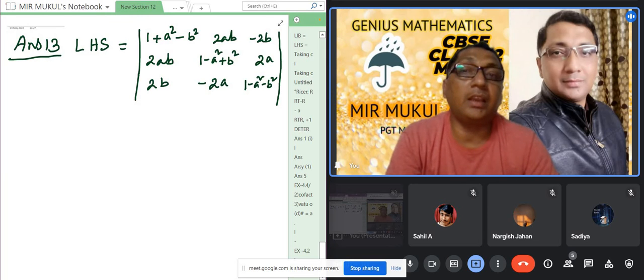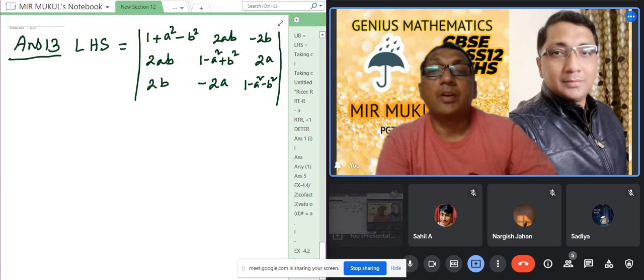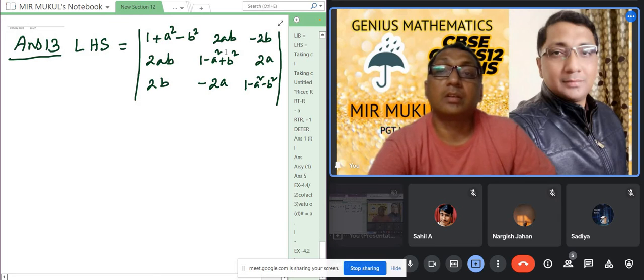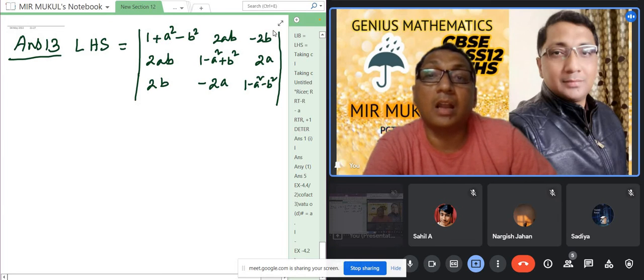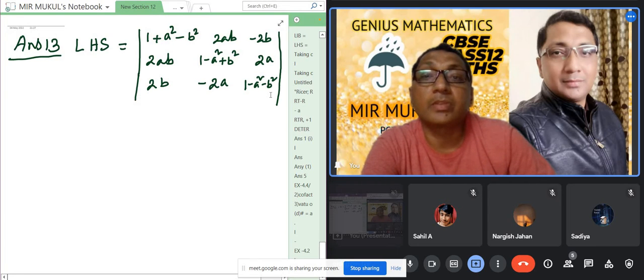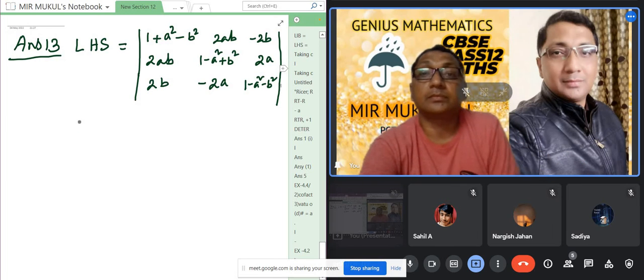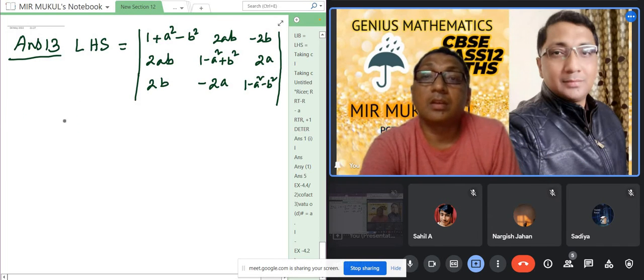So one technique I'll use here: I'll multiply B in the third column, and after that I'll subtract.